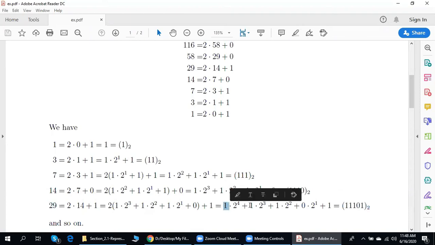We just put together these coefficients. But according to what is written here, there is a faster way to come up with this number. Just read remainders up. 1, 1, 1, 0, 1, and so on. Next.